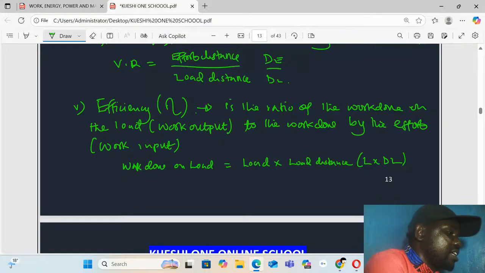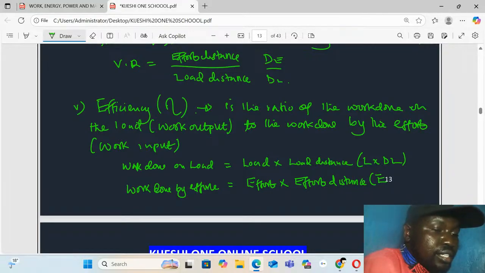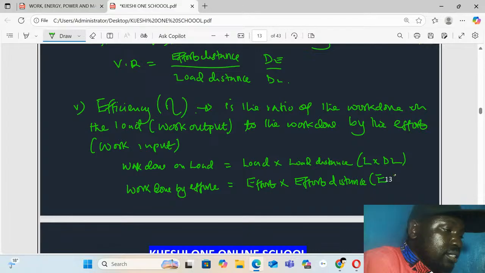Then we have the work done by the effort, which will be the effort times the effort distance. That is E times dE.